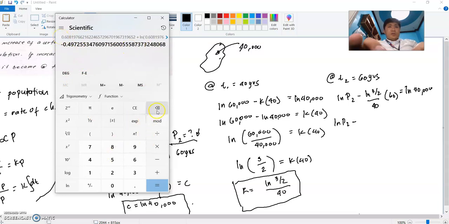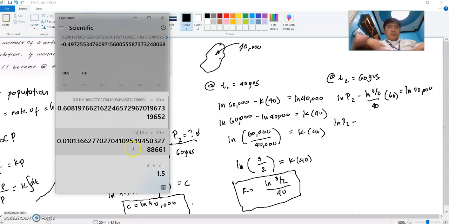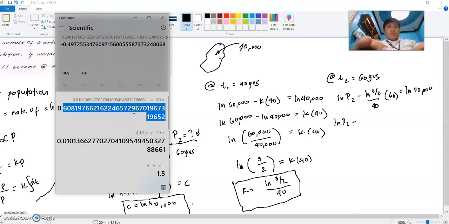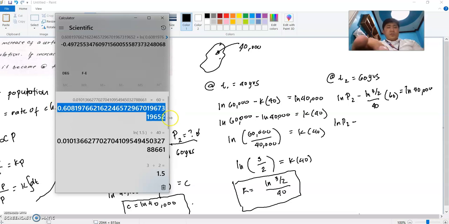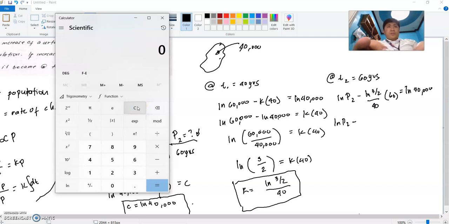Sorry, this is wrong. Let me copy this one so that I could clear it. Okay, I have copied the value.